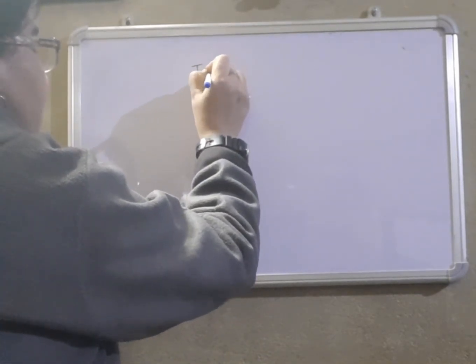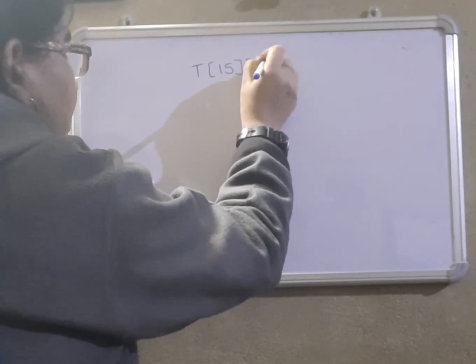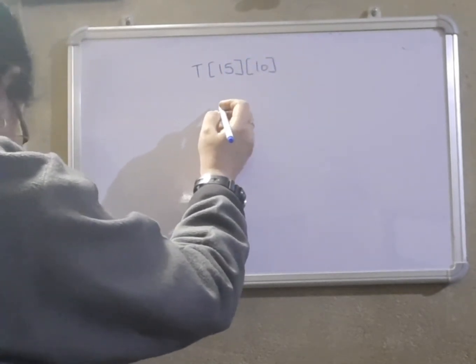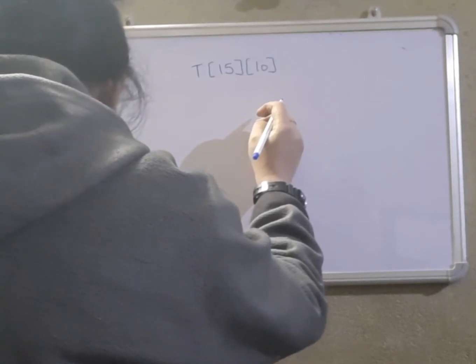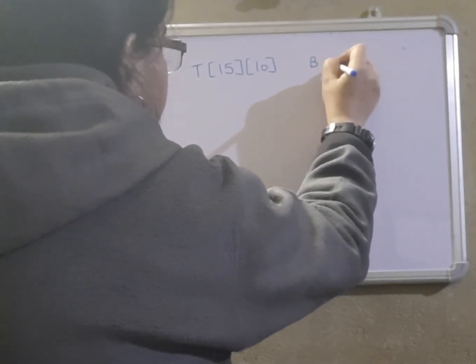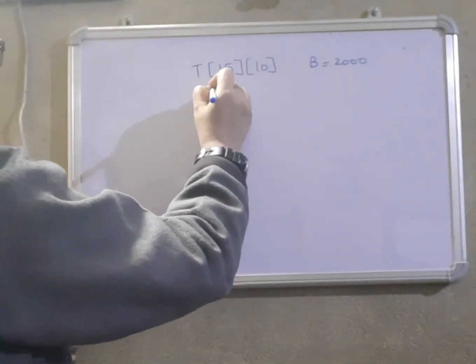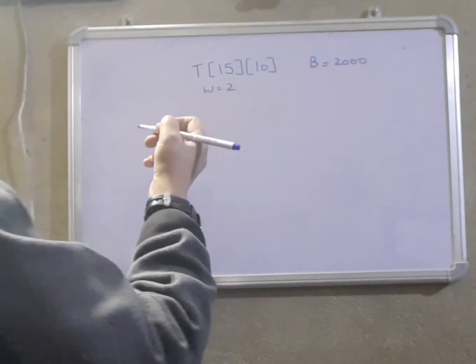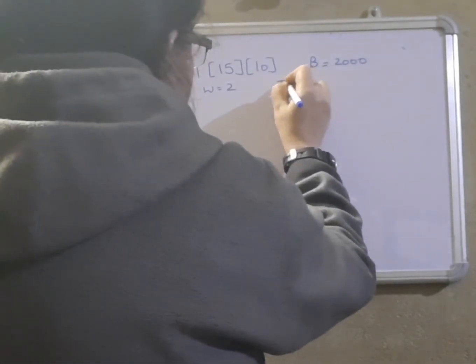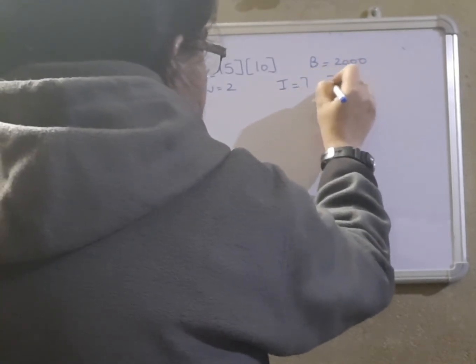My matrix has been given very clearly, 15 by 10. And here they have said that the base address for this is 2000. And they are saying that W is required as 2 bytes. And you have to calculate the location of 7 by 8. I is 7 and J is 8.